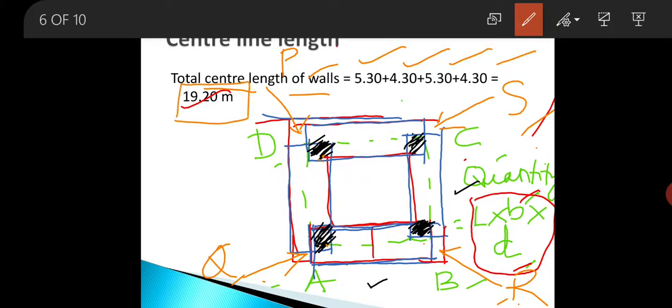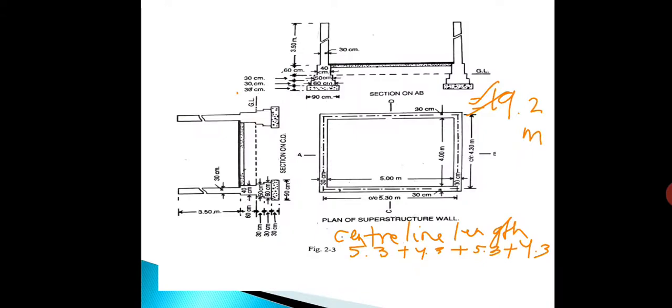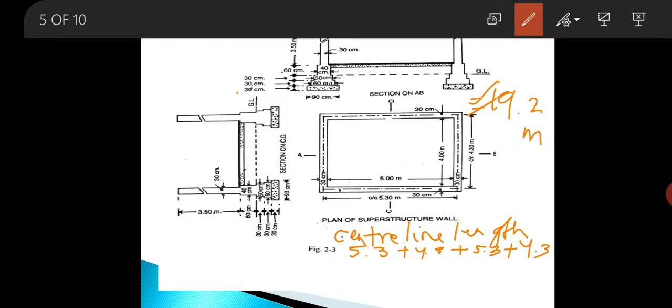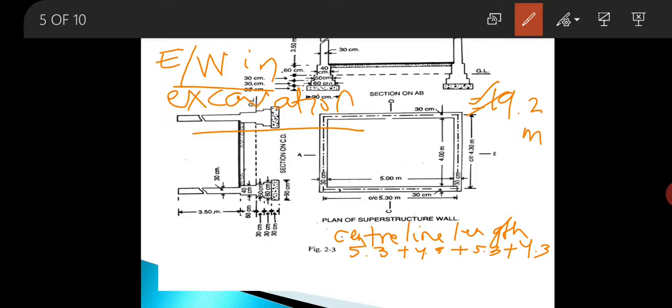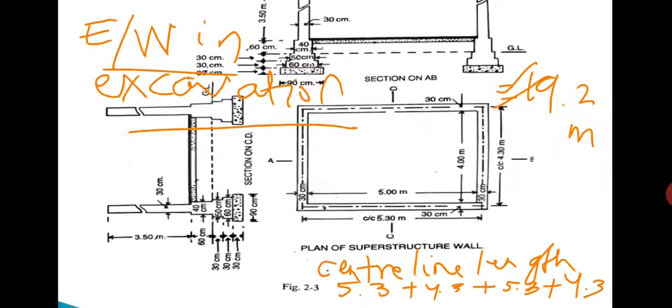So this is equal to 19.20 meter. This is our center line length. Okay. So first we will go for calculation of your earthwork in excavation.